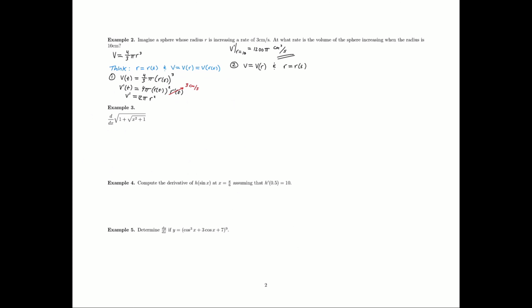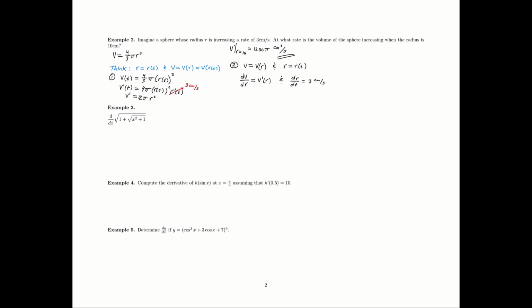Therefore, dV/dr is V prime of r, and dr/dt is 3 for us, centimeters per second.